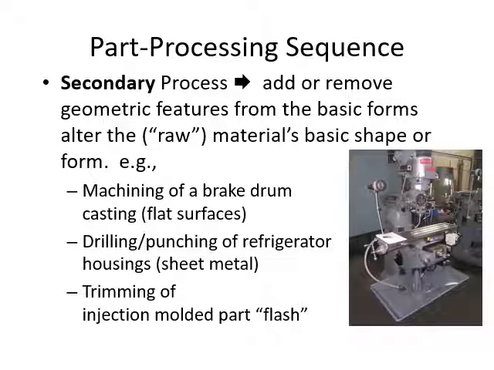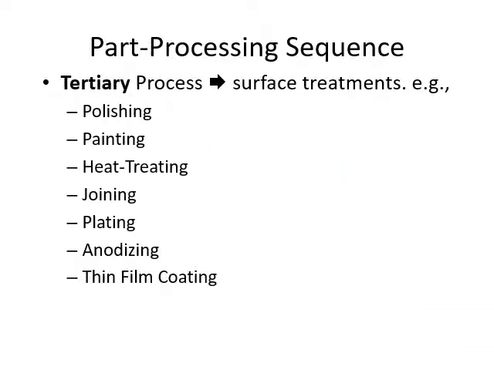Secondary process is to add or remove geometric features from the basic forms, altering the material's basic shape or form, including machining, drilling, punching, and also trimming. Tertiary process is the surface treatment, such as polishing, painting, heat treatment, joining, plating, anodizing, and thin film coating.